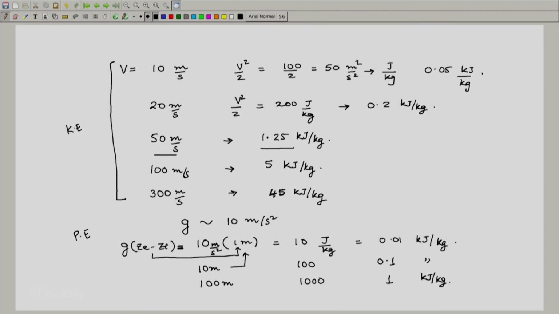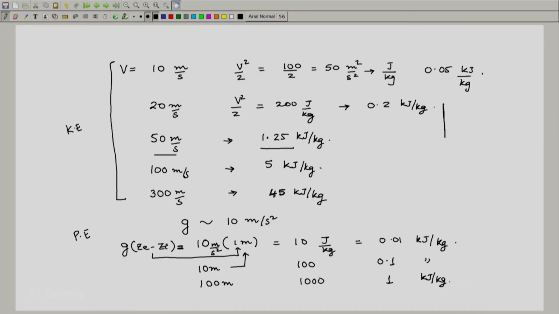By far the difference in potential energy in such systems can be reasonably negligible. Of course, in a nozzle the velocity at the exit matters a lot. In fact, the entire delta H comes out as the change in kinetic energy, but for turbines one can safely assume that you will get values around this for the potential energy, which is reasonably negligible, and hence such quantities can be neglected when you are dealing with turbines.